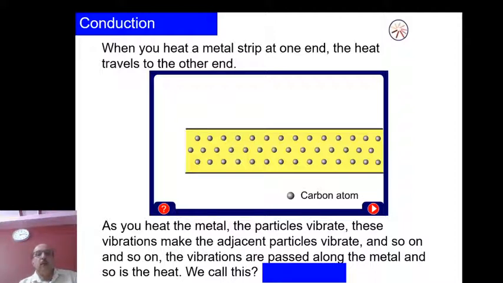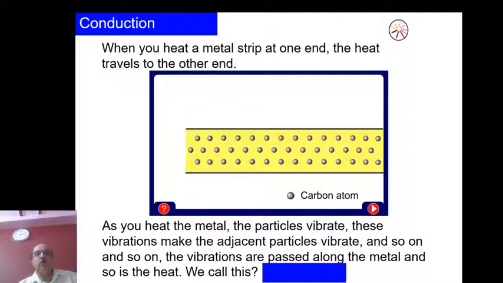The particles vibrate. These vibrations make the adjacent particles vibrate, and so on. The vibrations are passed along the metal so that it is heated.